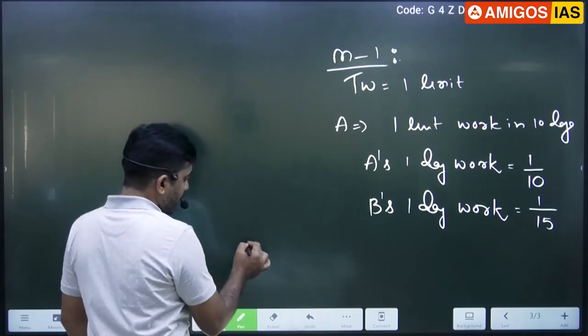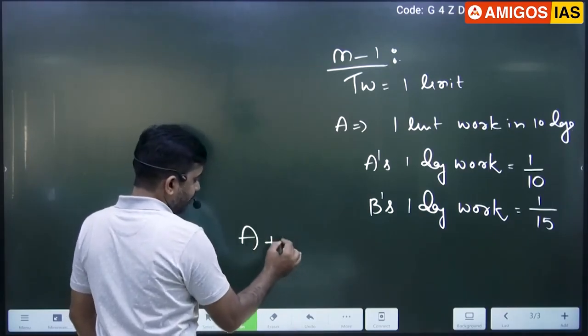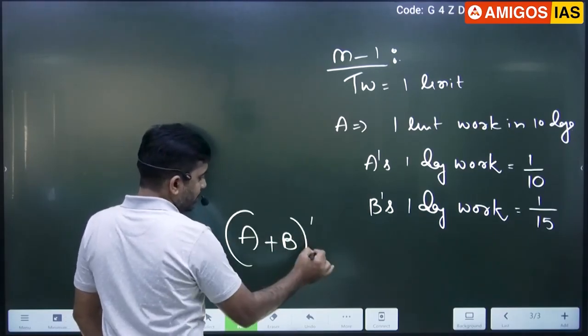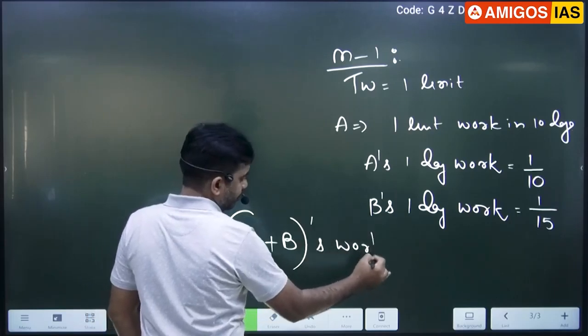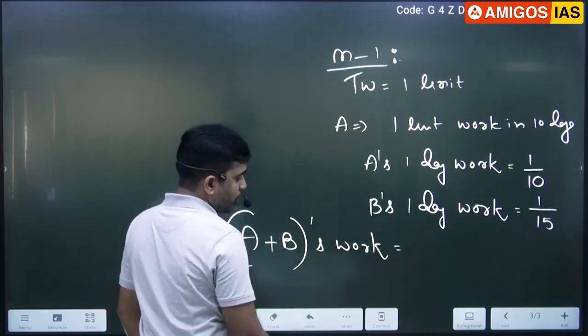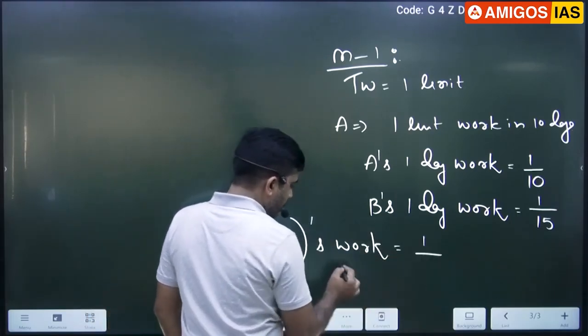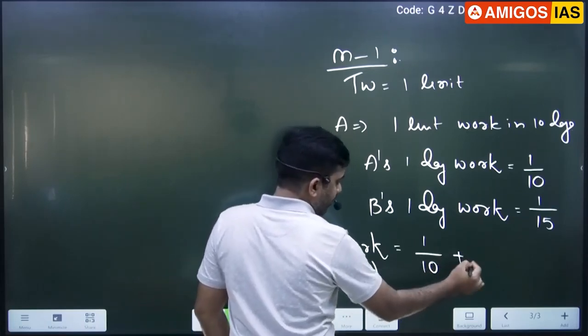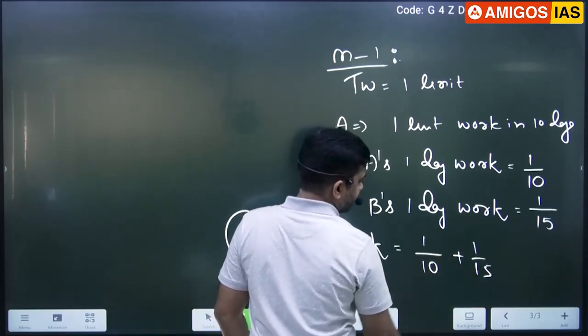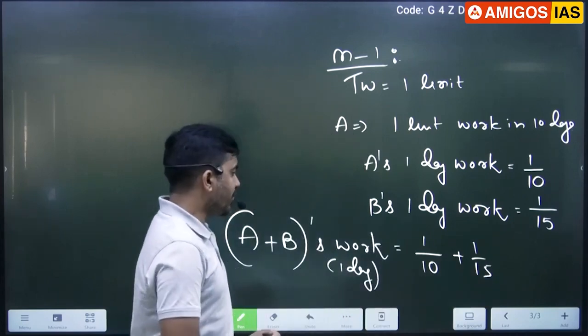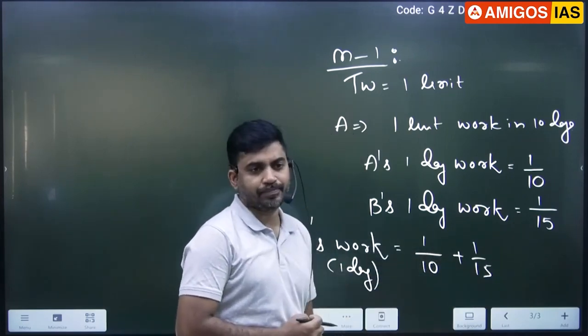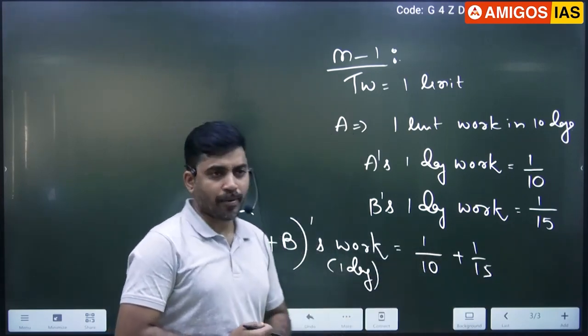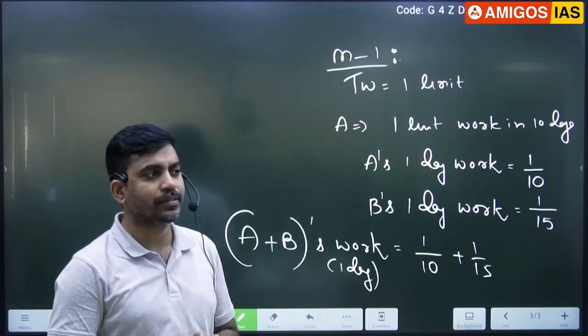Both are working together now, so add them. A plus B's 1 day work is equal to 1 by 10 plus 1 by 15. First we will simplify this fraction. How to add fractions?